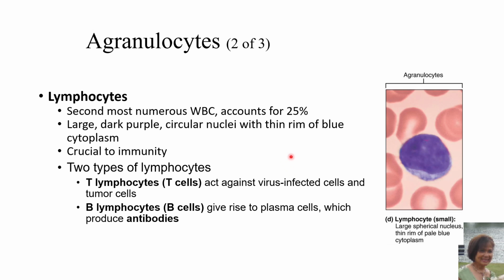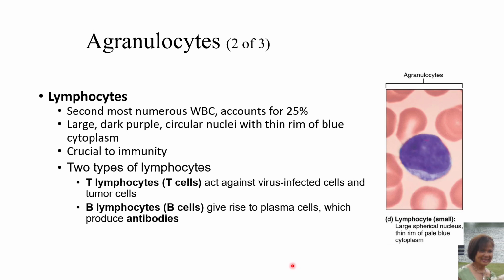But tiny as they are, they have large dark purple circular nuclei, and you could see only a very thin rim of the cytoplasm, but you cannot see any granules around. That's why you call them agranulocytes.